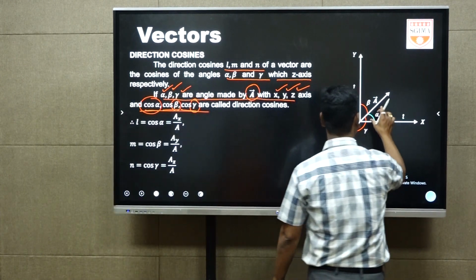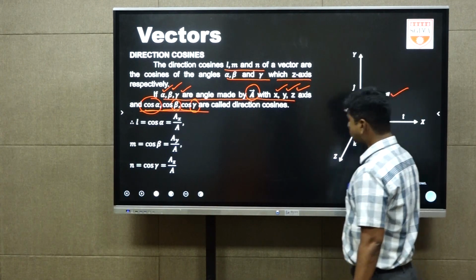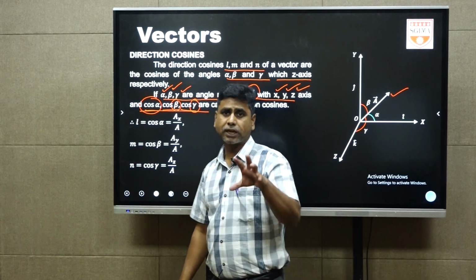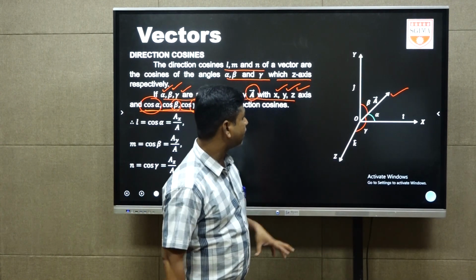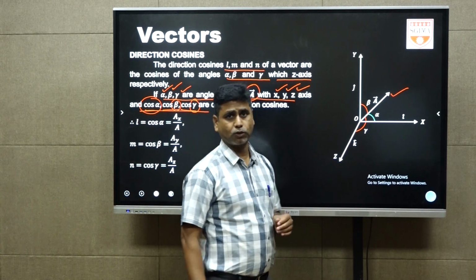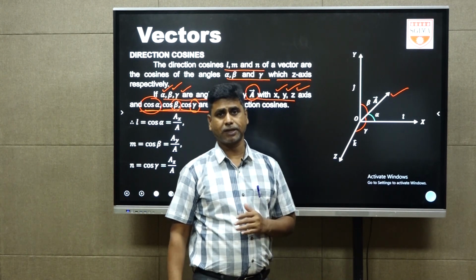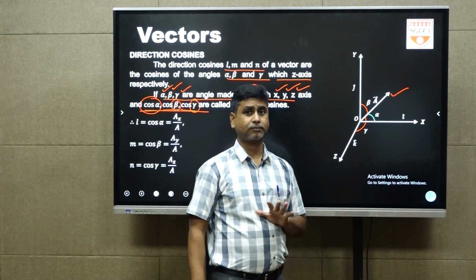Here it is a given vector. If you observe this diagram, the given vector A bar is not in the xy plane, it is in space.